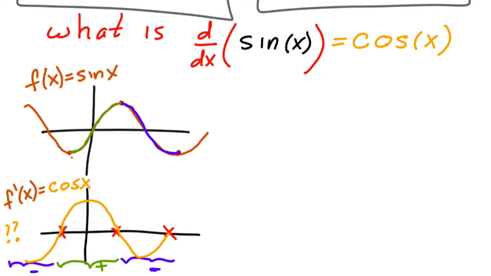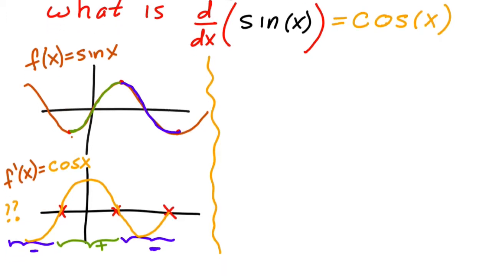Okay, but that's not very rigorous. You just draw a little picture and just guess. So what are we going to do? Well, why don't we use the definition? You remember the definition of the derivative, right? I certainly hope so. All right, so I'll write it down just in case.